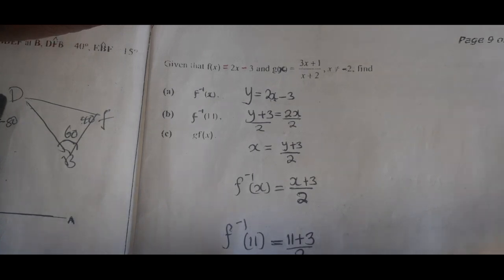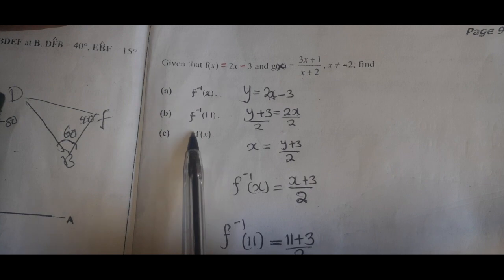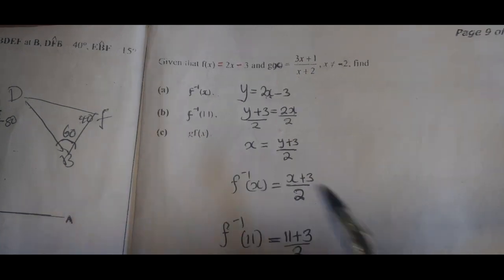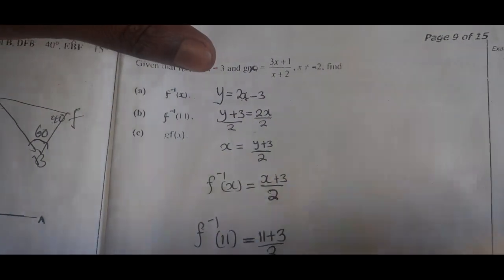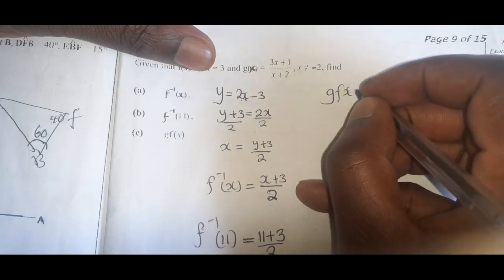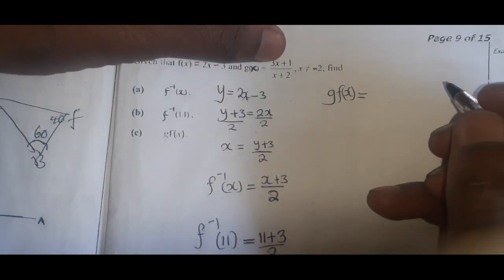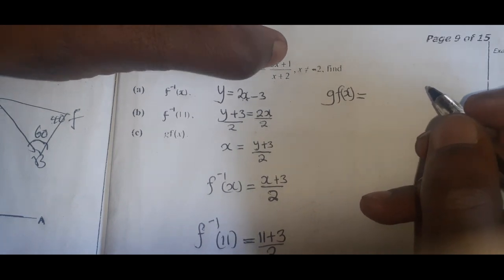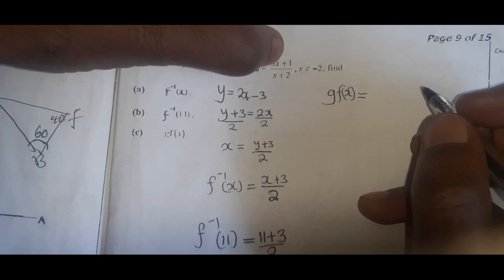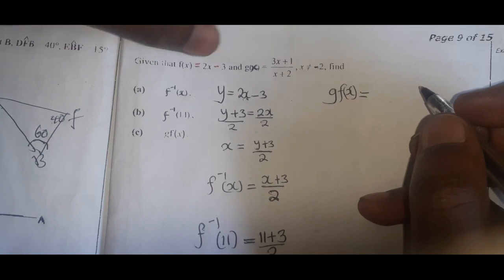So we go back. Take note, we have this question here, which is a composite function, f into g. So let's write it here. Have you seen our function for g? It's here. Where there's x in g, we shall be putting the function for f.